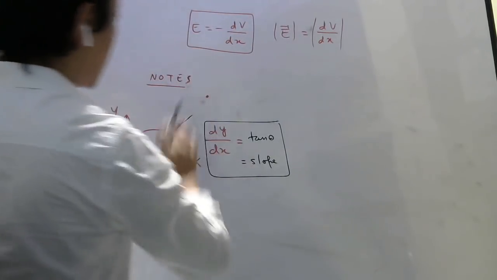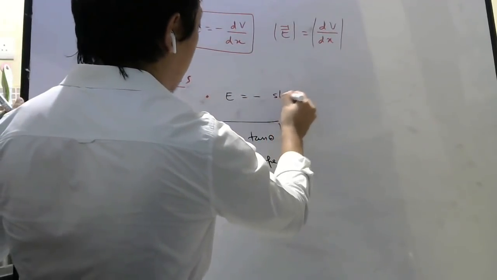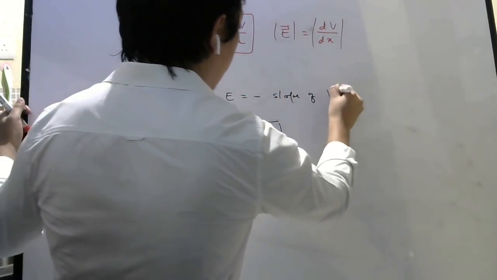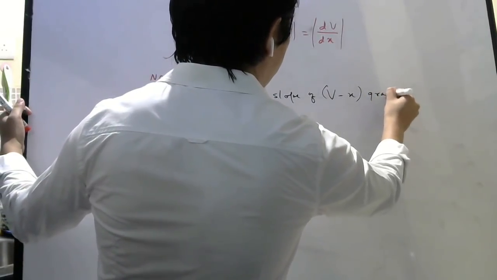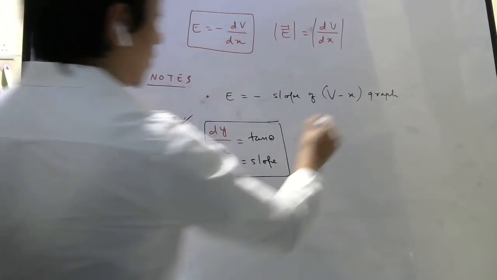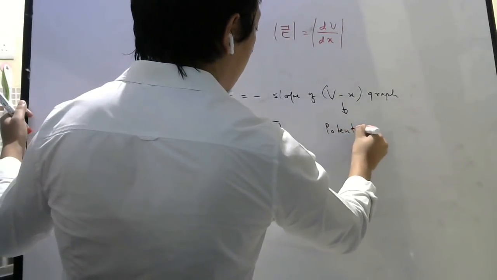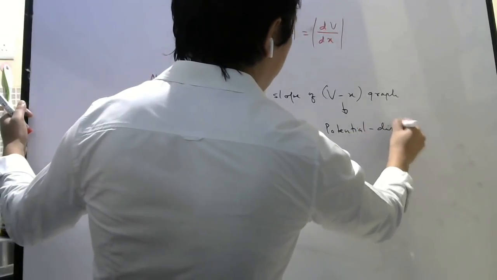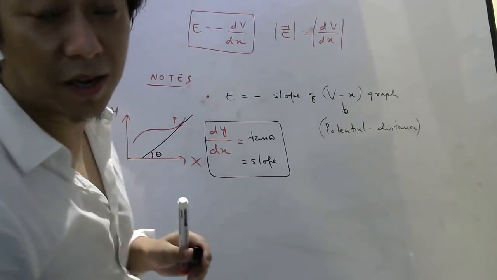So if you know this, you can also write electric field is minus of the slope of the V versus x graph. Or if you want to expand in words, you can write potential versus distance graph. Just like we used to have the velocity time graph, right?